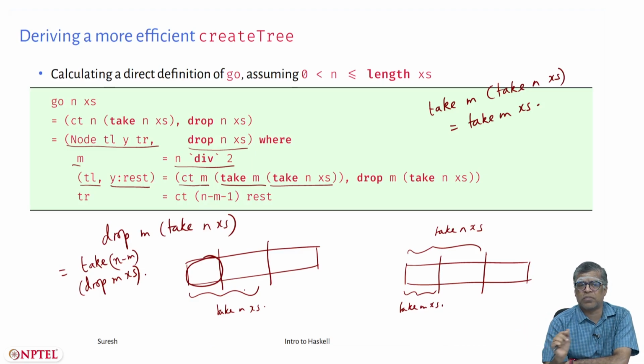The remaining elements are n minus m. Okay, so drop m of take n of x's is the same as take n minus m of drop m of x's.